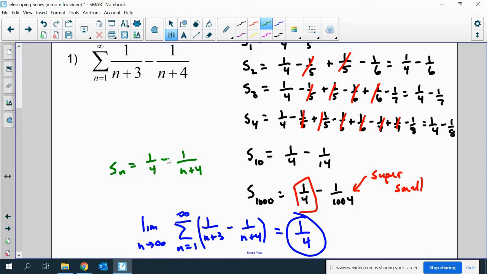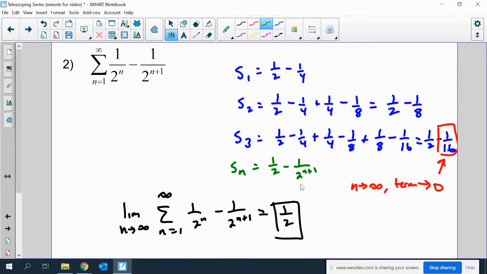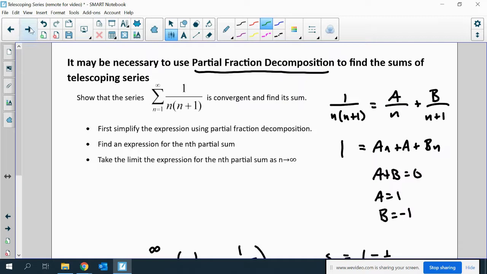So in each of these cases, when I plug in s sub n, that would be what I end up getting. And then as I take the limit of this, I would get 1/4. Or in this problem, I would get 1/2. Or in this problem, I would get 1.